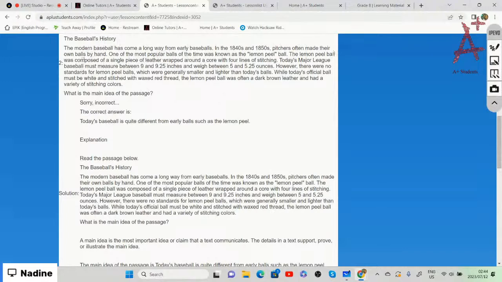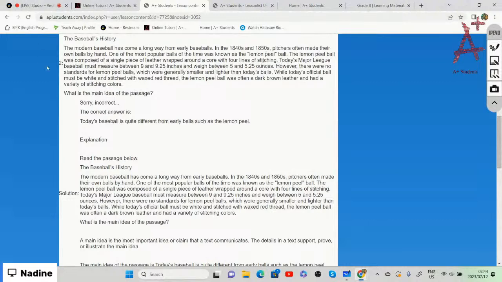The lemon peel ball was composed of a single piece of leather wrapped around a core with four lines of stitching. Today's baseball must measure between 9 and 9.25 inches and weigh between 5 and 5.25 ounces.